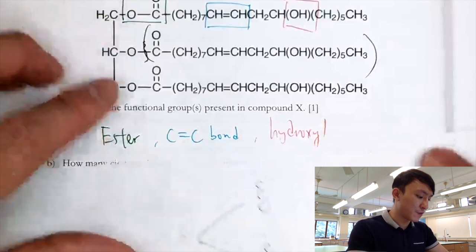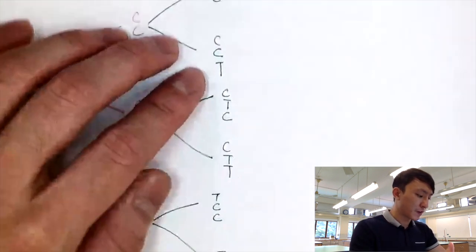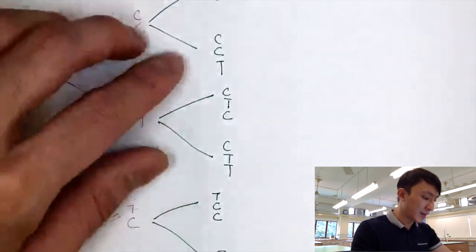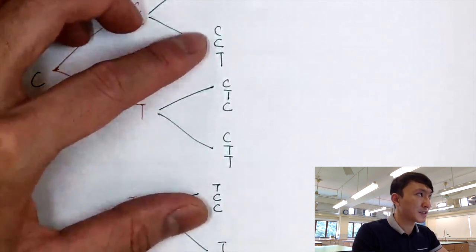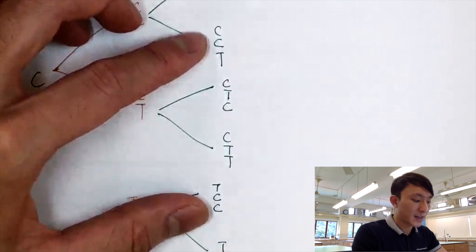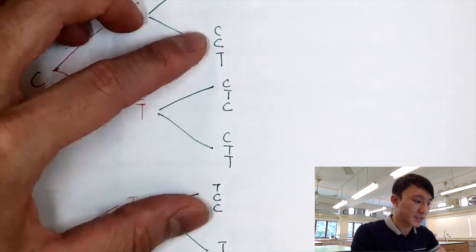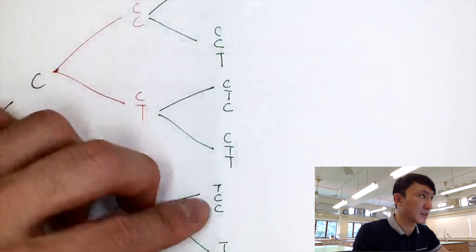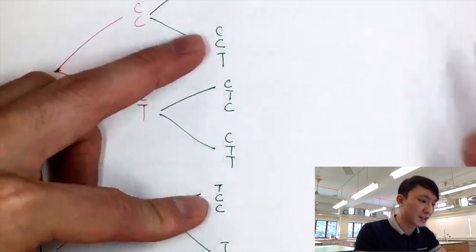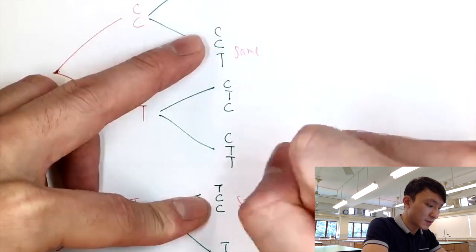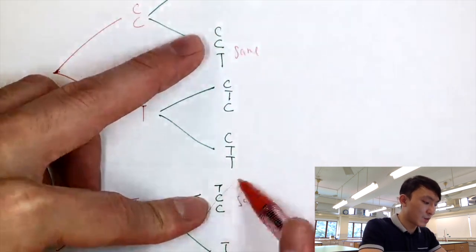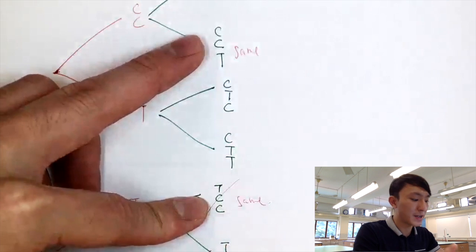So if you look at some of the combinations, for example, these 2, cis, cis, trans, and trans, cis, cis, they are actually the same. If you flip this one over, it's going to be this one. So these 2 are the same, so you can delete one of them. Okay?